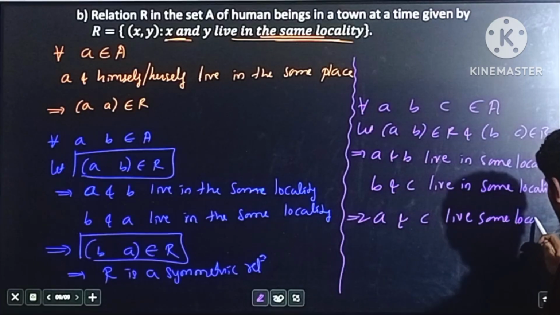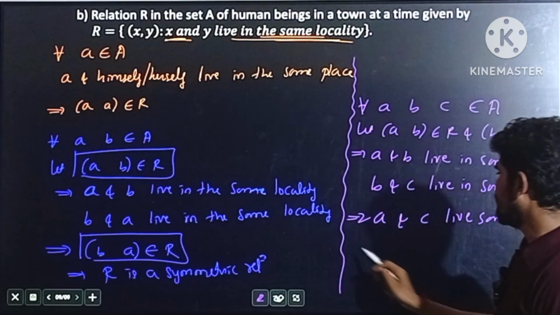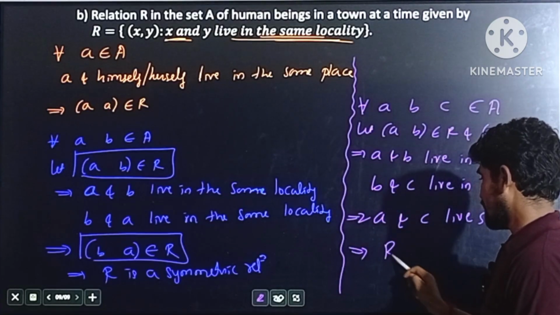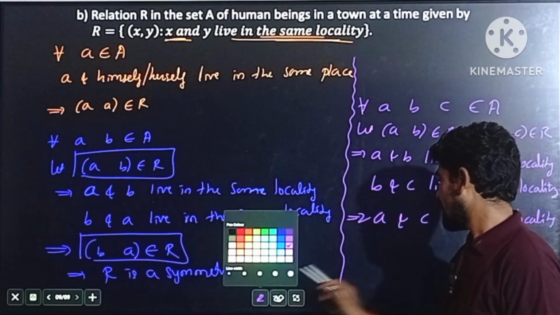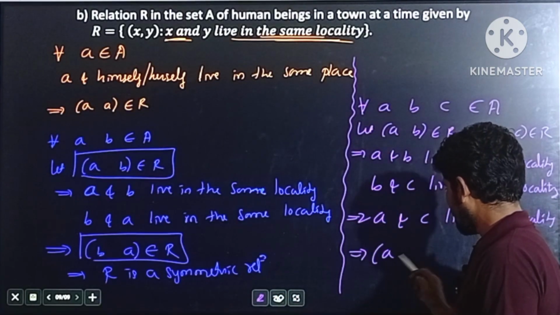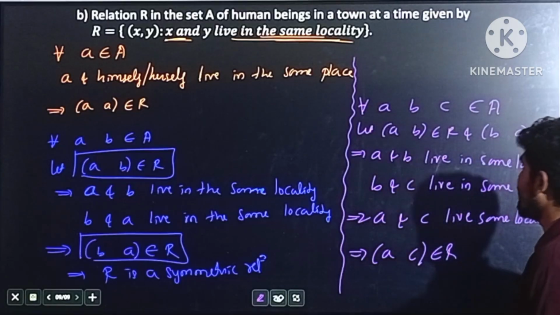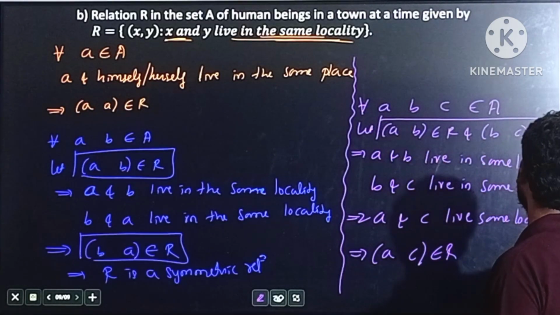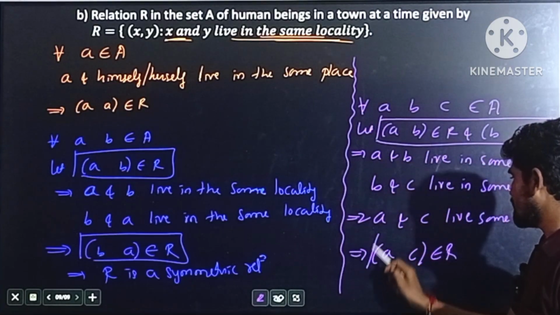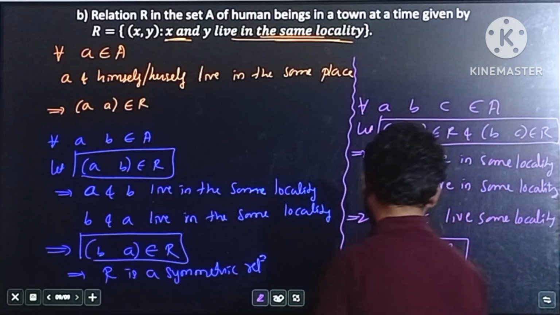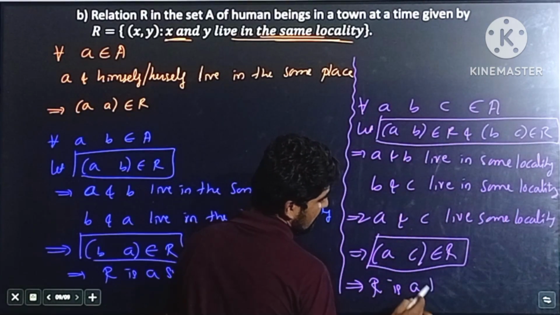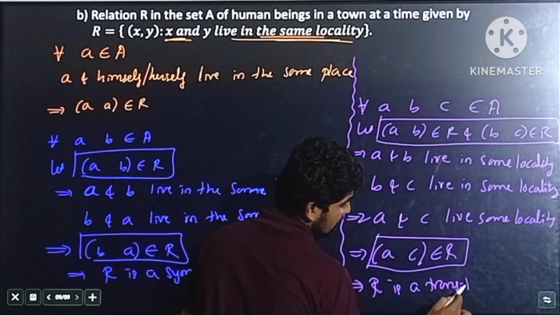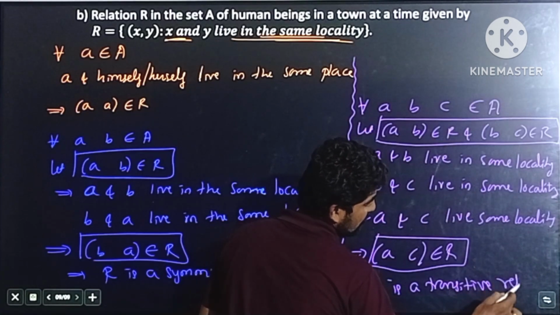First thing you need to write, which implies the pair AC belongs to relation R. Since AB belongs to R and BC belongs to R, as well as the pair AC in R, R is a transitive relation.